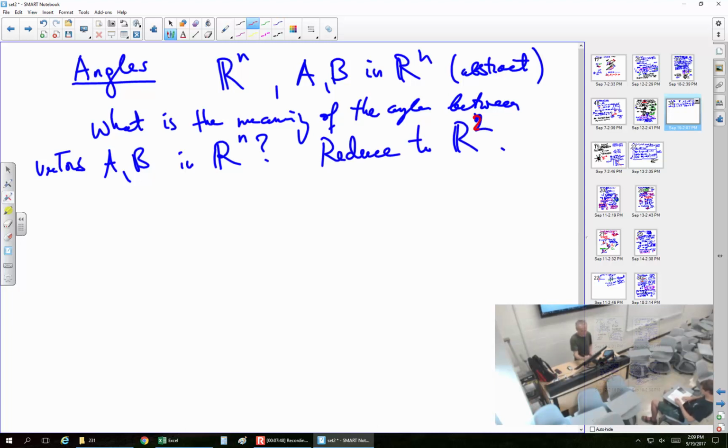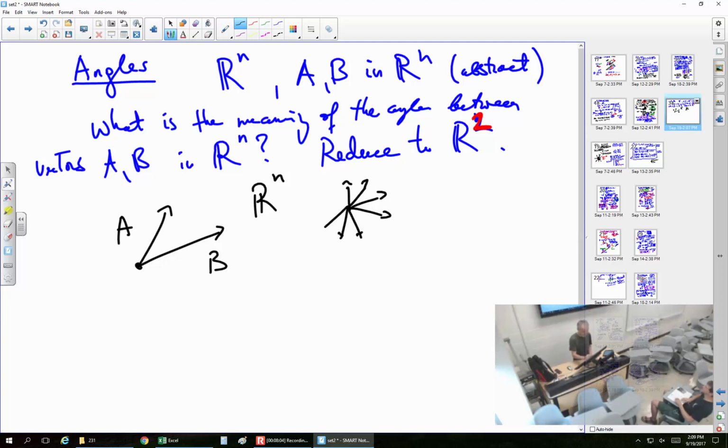R2 is enough. So once again, if I have vector A here, I'll have vector B there. This is Rn, so we are trying to even visualize Rn, and we might be in trouble. All of these might be the basis vectors.